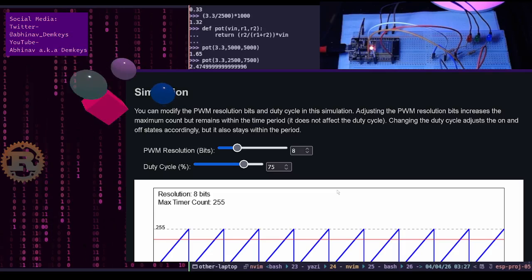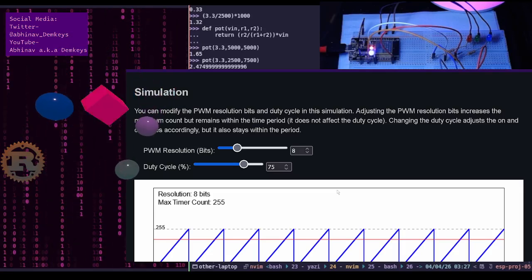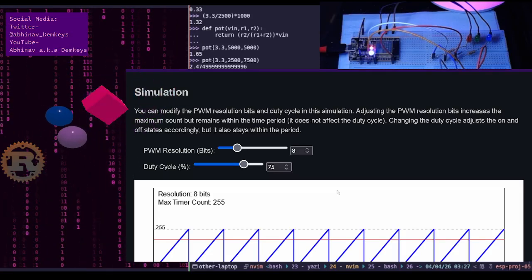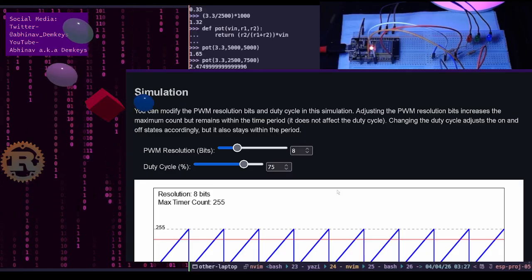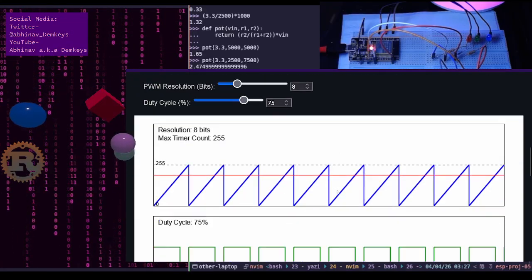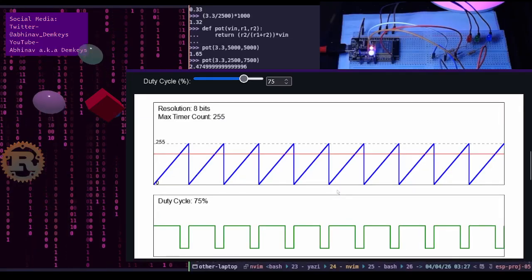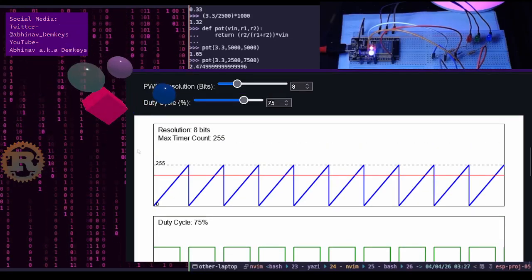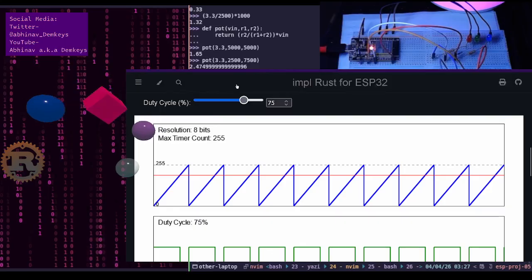Changing the duty cycle adjusts the on and off states accordingly, but it also stays within the period. I haven't fully understood what I just read, but let's try playing around with this.